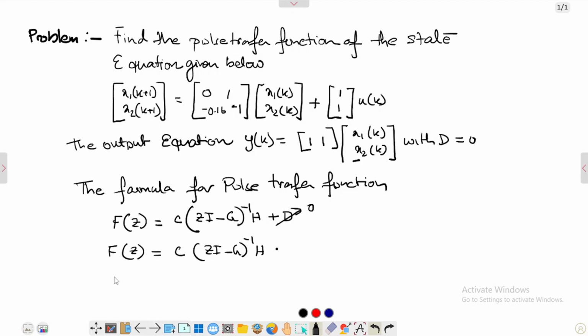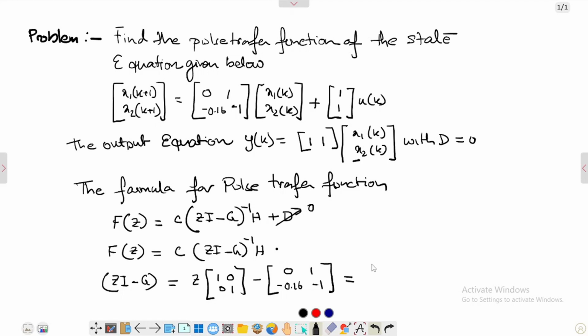First we'll find zI - G, that is z times I, where I is the identity matrix, minus G, and G is this matrix. So [0 1; -0.16 -1].